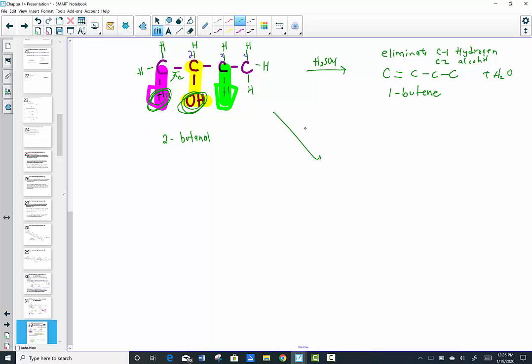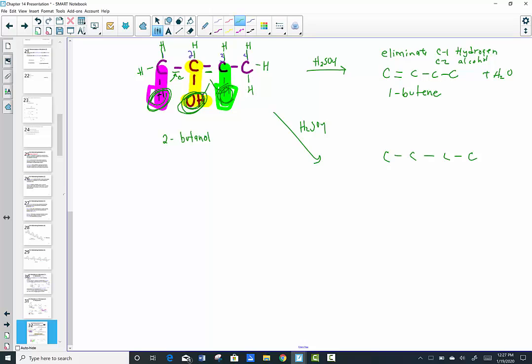What if, in the presence of this sulfuric acid, we eliminate the bright green hydrogen that's between carbon 2 and carbon 3? So here we have 1, 2, 3, 4 carbons. Carbon 2 had the OH, but carbon 3 has an adjacent hydrogen as well.